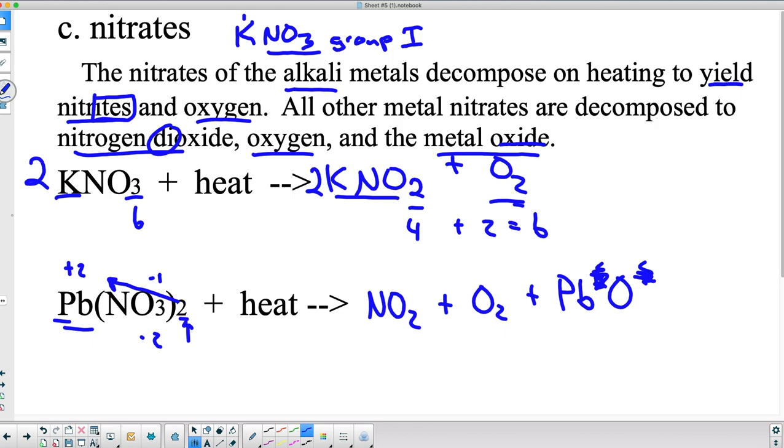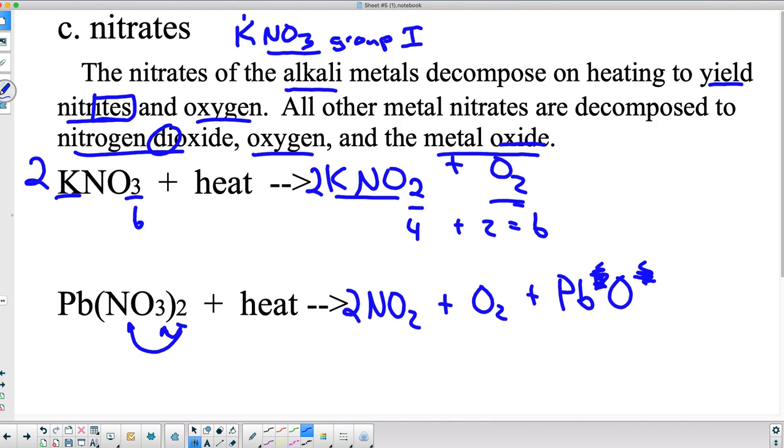What I notice is that the 2 here for the nitrate on the left-hand side, I'm going to get rid of this stuff so I can show you. The 2 here means I have 6 oxygens and I have 2 nitrogens. Because there's no nitrate on the other side, I have to break them up into N's and O's. So I have 2 nitrogens here, like that, gives me 2 N's.